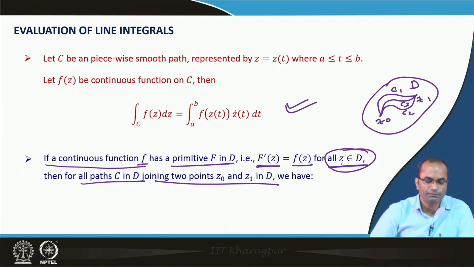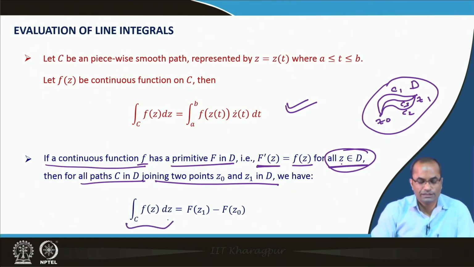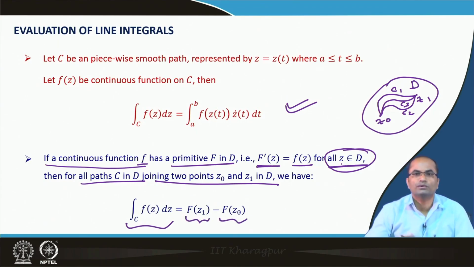Then the value of this line integral is just F(z1) minus F(z0). So, this is path independence, which we have discussed.